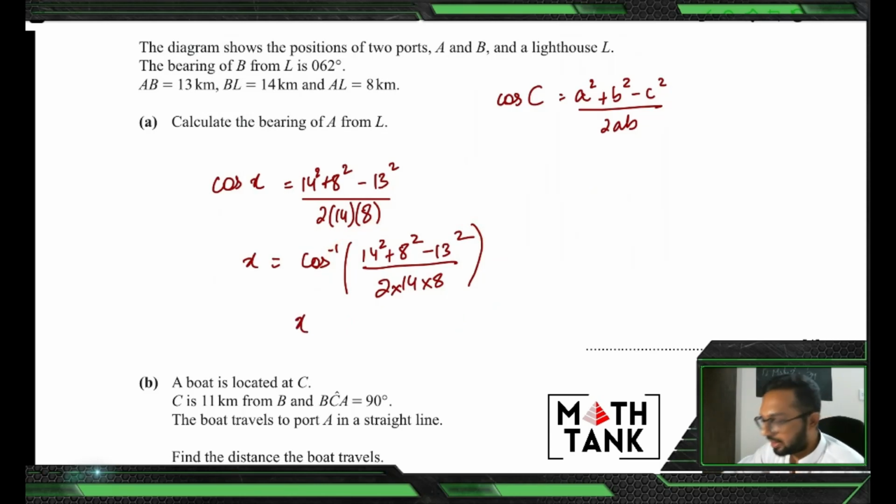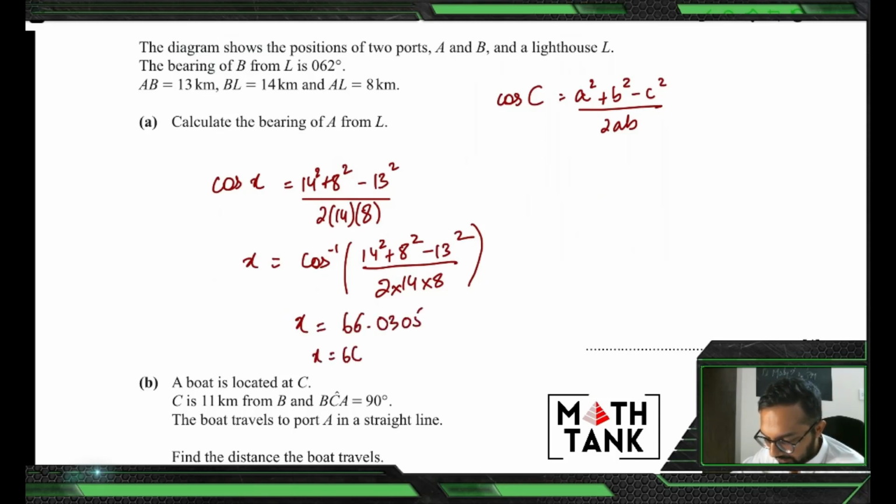So let's take out a final answer. Cos inverse of 14 square plus 8 square minus 13 square over 2 into 14 into 8. 66.0305.